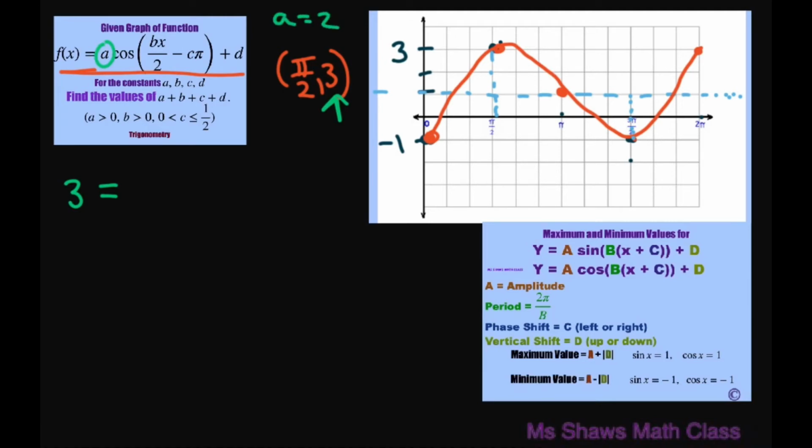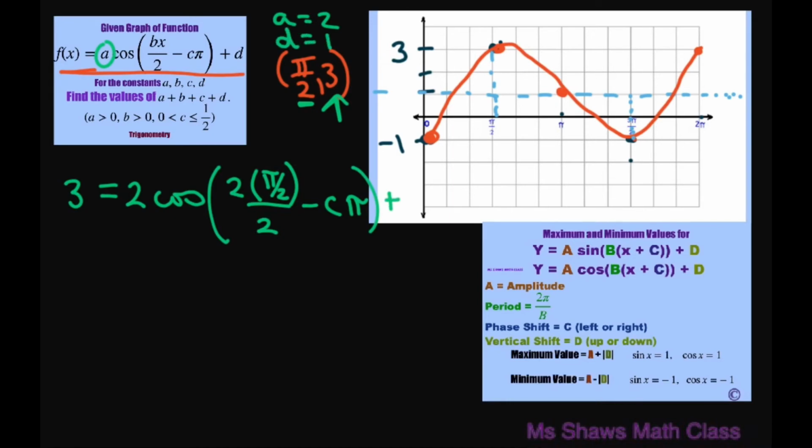So a is 2, cos of 2 times pi divided by 2, that is your x value, all divided by 2 minus c times pi, plus your d. Now our d was 1.